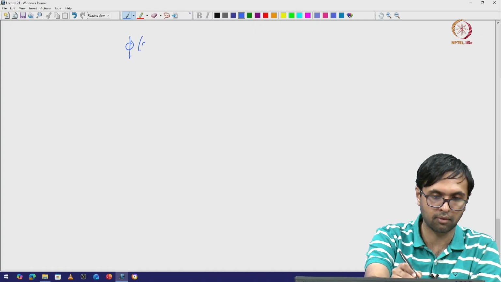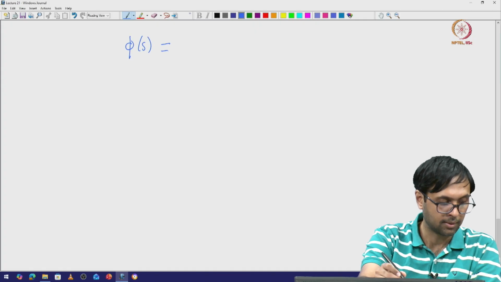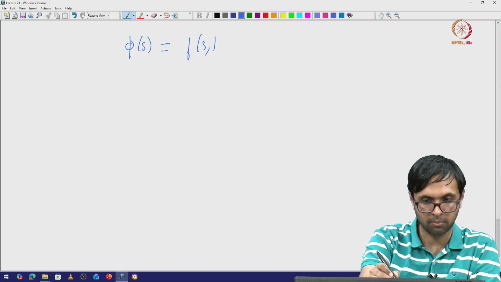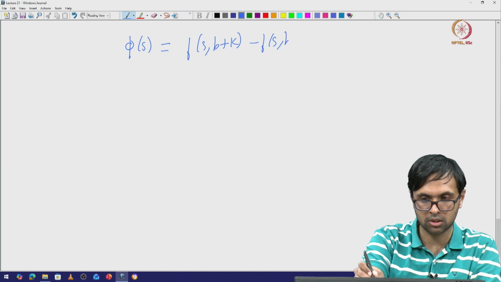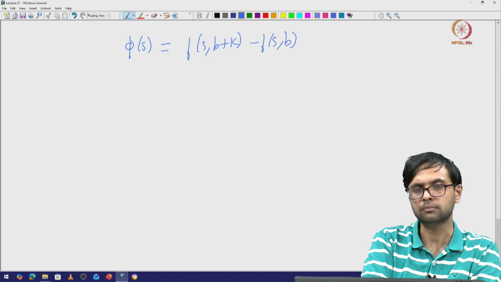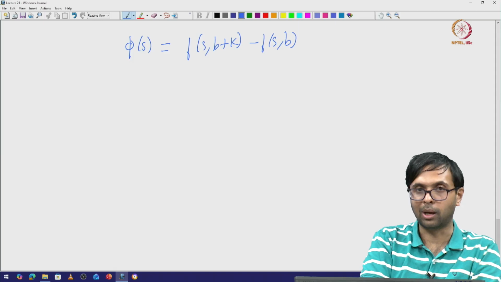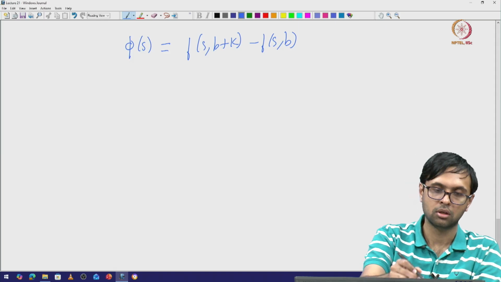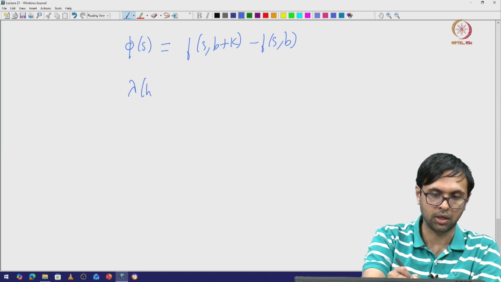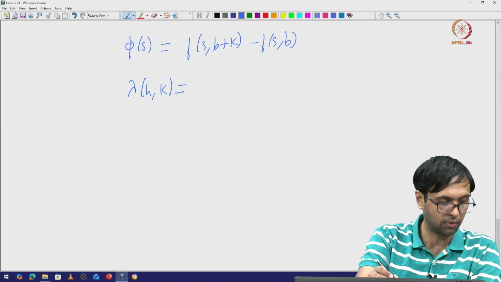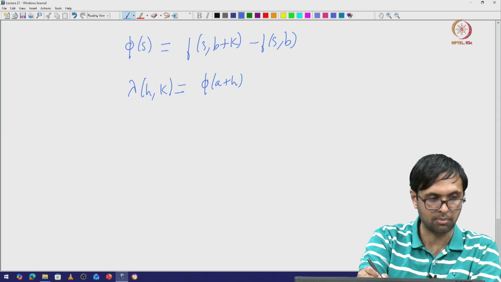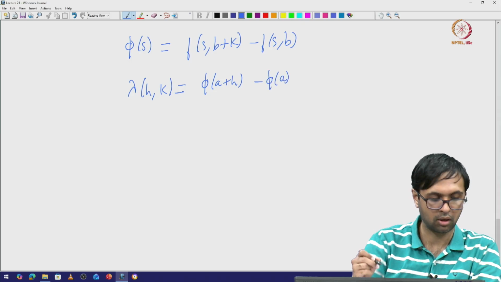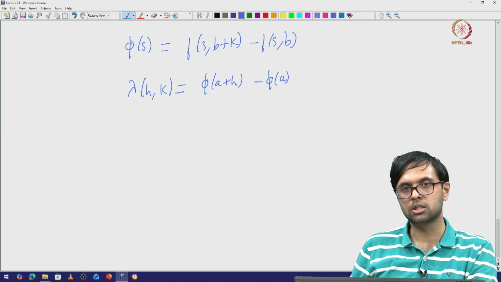So suppose phi of s is f of s comma b plus k minus f of s comma b. So this is a one variable function, yeah? So let's write lambda of h comma k in terms of this one variable function. This is phi of a plus h minus phi of a. Why is it phi of a plus h minus phi of a?